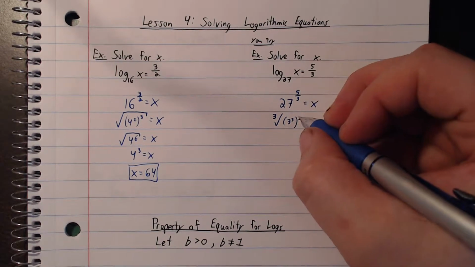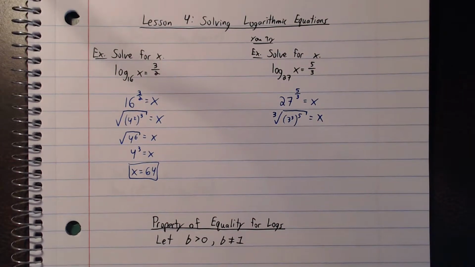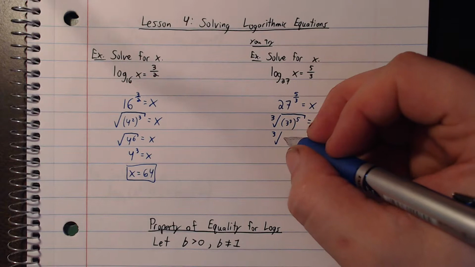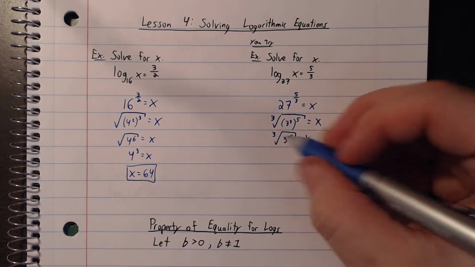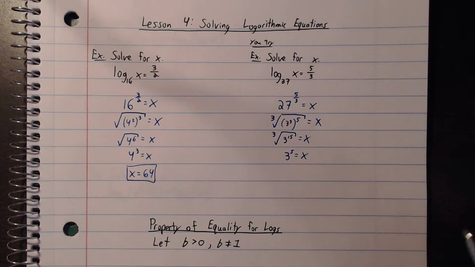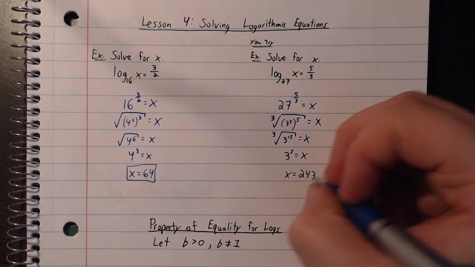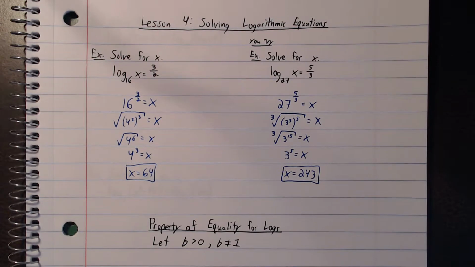That 5 becomes a power on the inside of that radical. We'll distribute our 5, so we've got the cube root of 3 to the 15. And the cube root of 3 to the 15 is 3 to the 5th. 3 to the 5th we find to be 243. Calculator may have been needed for that.